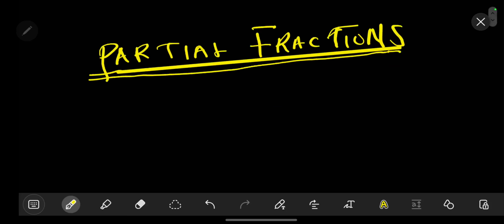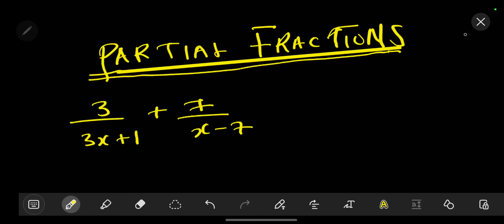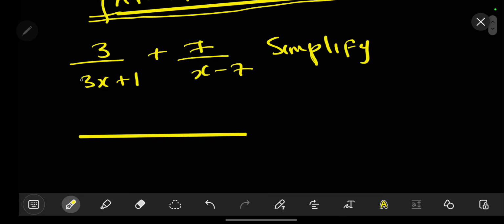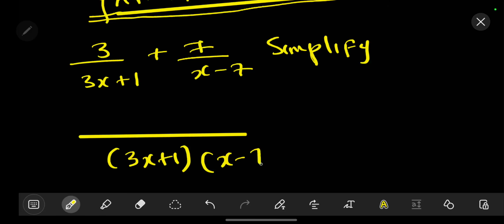For example, let's say we are required to simplify this. To simplify this, we recall that both of these denominators are going to be our denominator. So we open the brackets, write this first one, 3x plus 1, and this second one, which is our x minus 7.